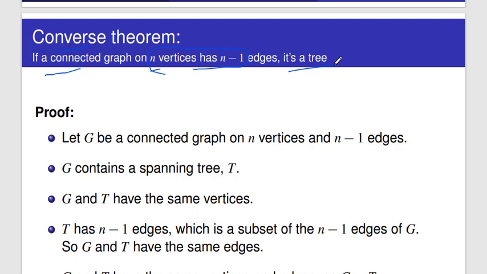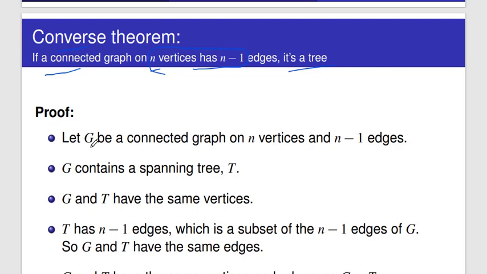We have to find out whether this is true or not. We already know this is true, but we can prove with a mathematical proof that this statement is also true.